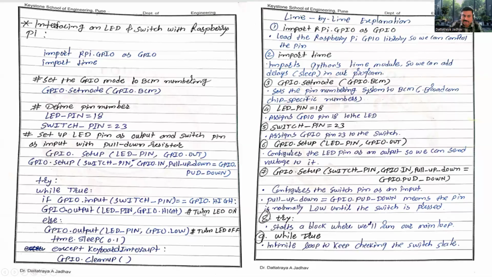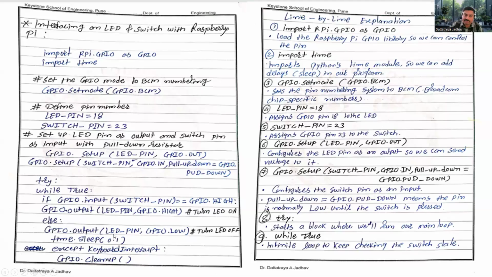If it is pressed, in that condition GPIO.output, that is LED pin GPIO.HIGH, it should turn the LED on. If this condition is not true, then we say else GPIO.output LED pin, that is GPIO.LOW, we say that the LED should be off.